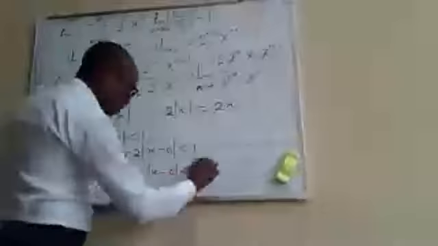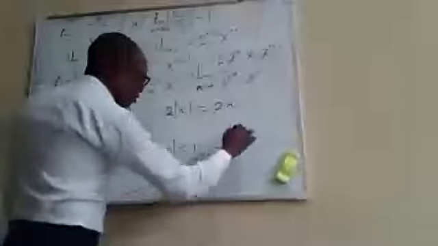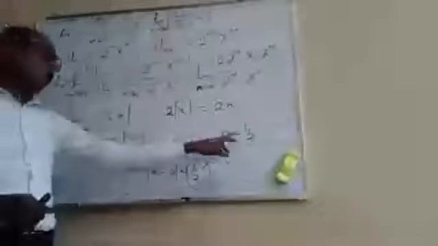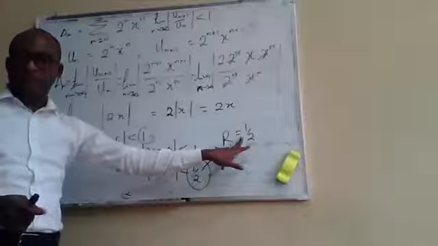That shows that the series converges. Then the radius is now 1 over 2. That is the radius of convergence. So this series converges and the radius of convergence is 1 over 2.